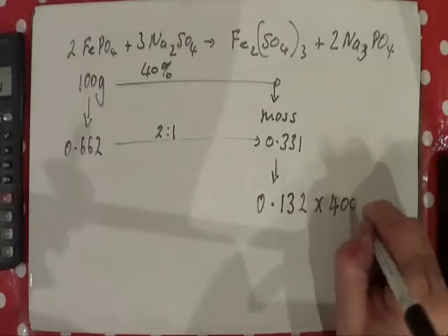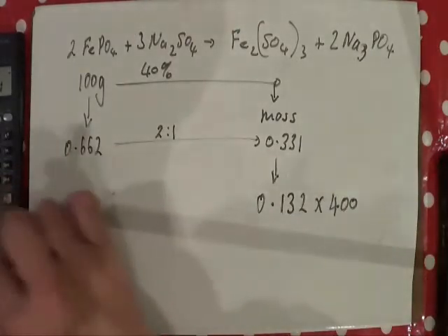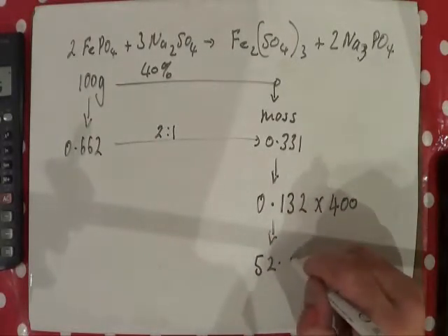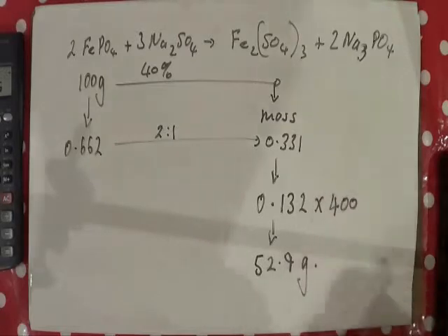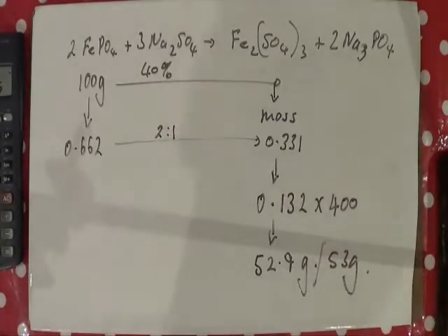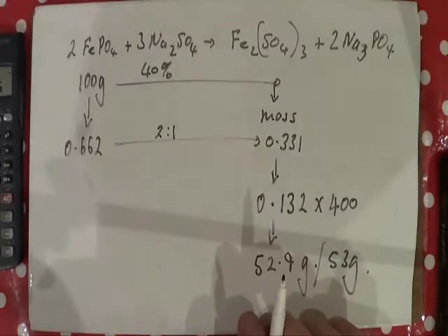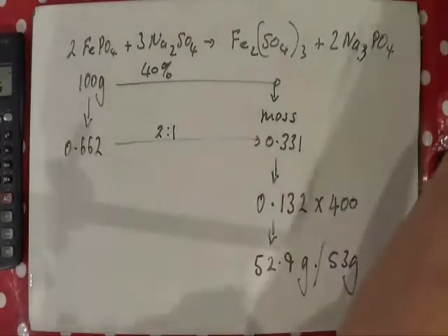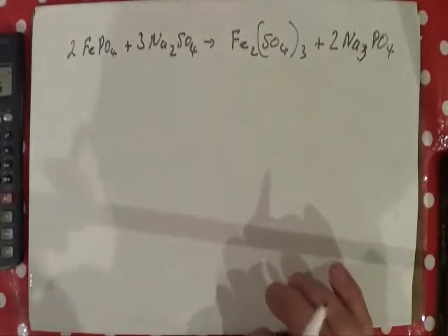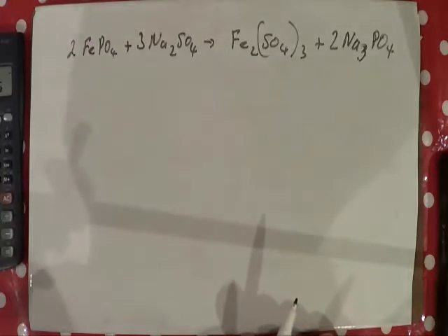Remember from earlier the RFM of that is 400, so we would make 52.9 grams, or 53 grams would be fine. So that again is how you would do that. Those last couple are pretty tricky, I think, for GCSE level.